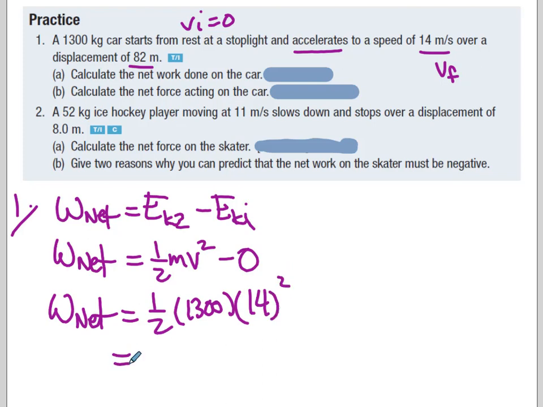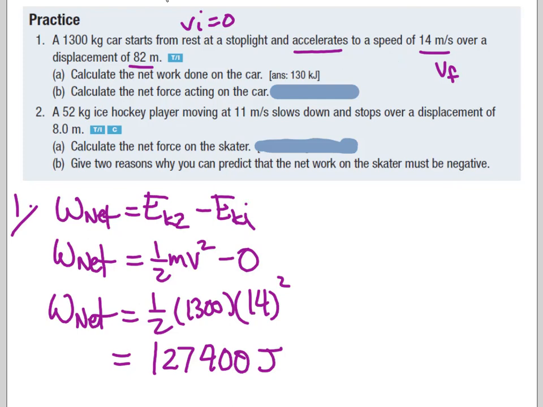We do that really quickly on our calculator, and we get 127,400 joules. If we do a quick check, they probably rounded it off to 130,000. So that's just a rounding issue. Don't get panicked if you get something different. As long as you're close, we're pretty happy with that.